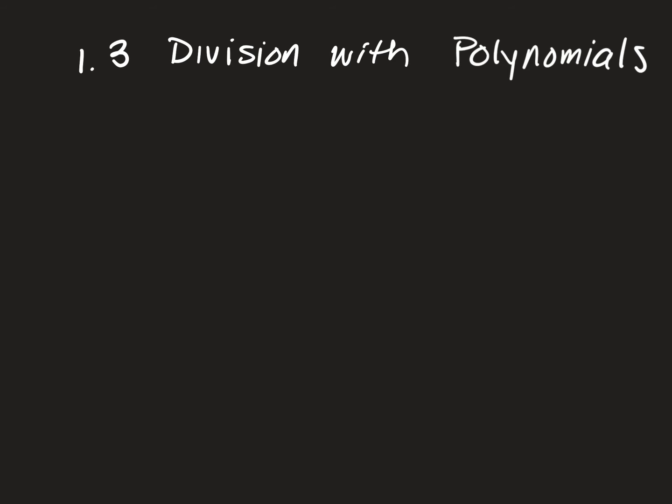All right, so we're starting with dividing polynomials. Division of polynomials is fairly straightforward, especially when you are dividing a polynomial by a monomial. That means you're just dividing by one term, something that looks like this.